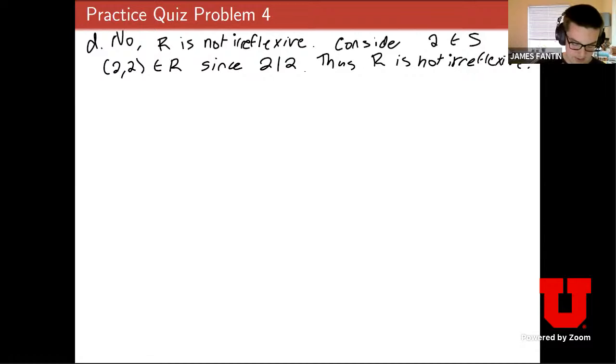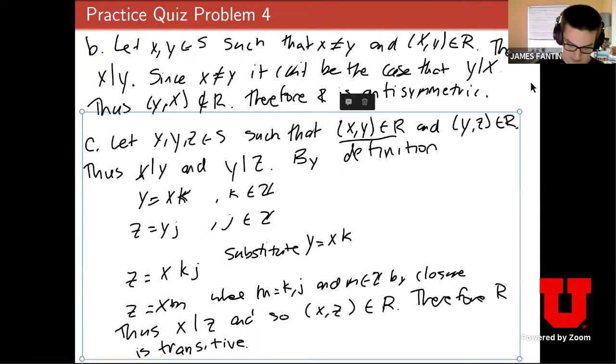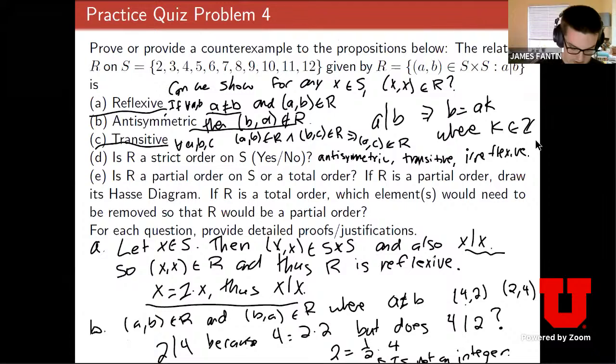And then we had just one last part. If we scroll back up to our questions, we needed to ask if R is a partial order or a total ordering. Oh, somebody had a question first. Would that also be the same for symmetric? Yes. Symmetric and antisymmetric are not opposites of each other. You can have a relation that is neither symmetric nor antisymmetric.